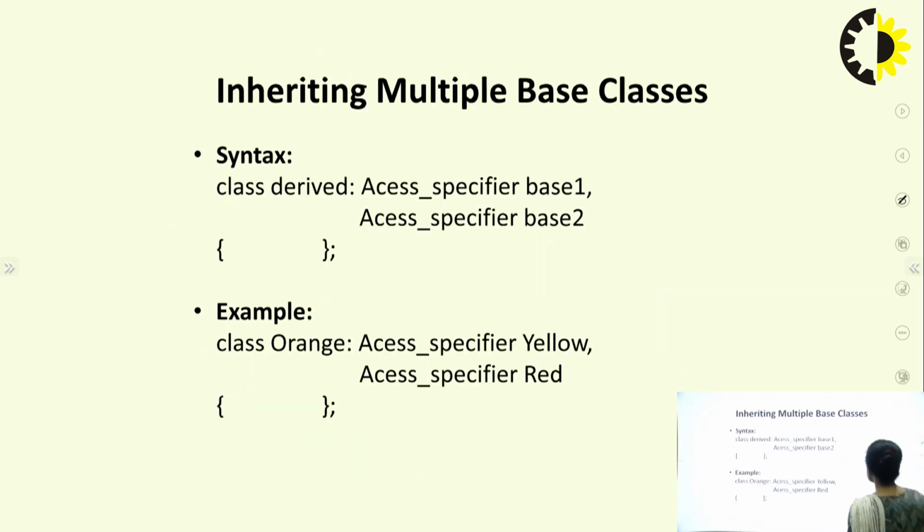Next, we have a scenario with multiple base classes. A derived class can be made to inherit from two or more base classes. I'll take an example later in the coming slides.